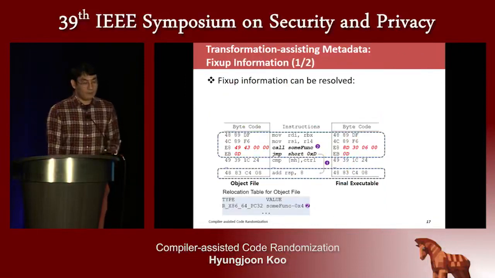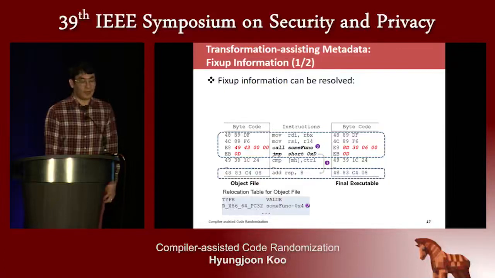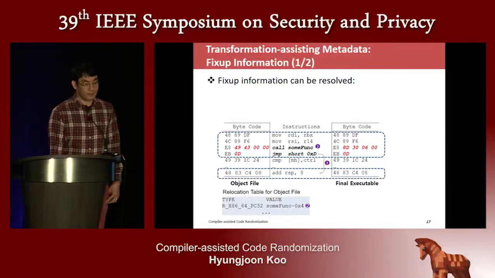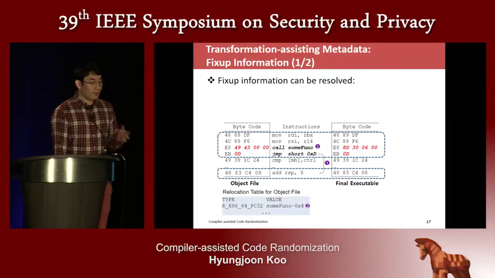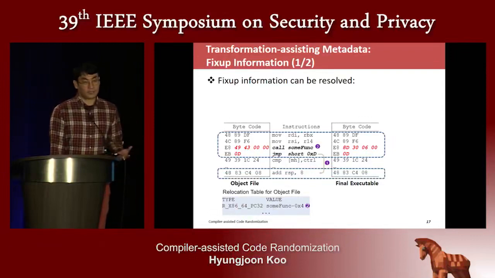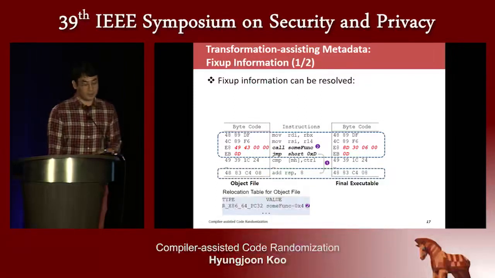Another important metadata that I'd like to mention is the fix-up information. You see there are 2 different byte codes, one on the left from the object file and the other one from the final executable on the right. And there are instructions in the middle.